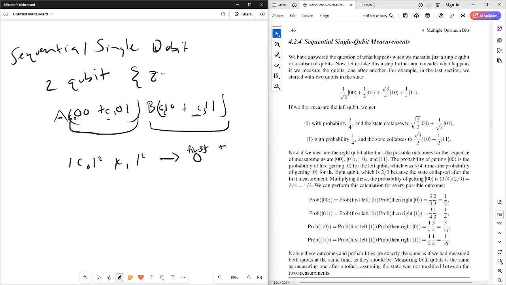The C2 and C3 for the first one to collapse to 1. And then if we're going to measure the probability of the second qubit, right after that, we're going to measure the next one.